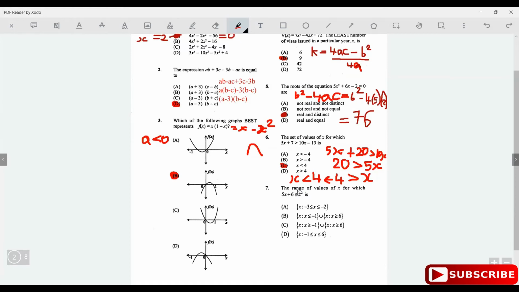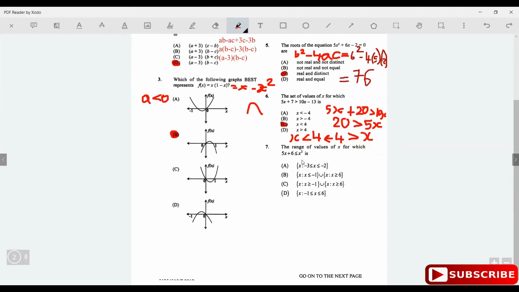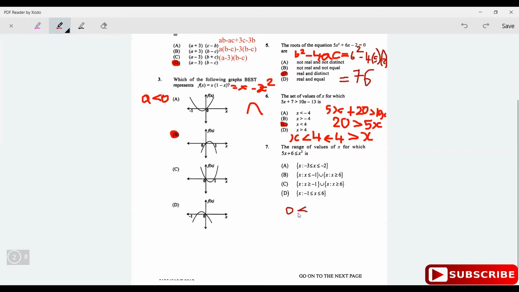All right, now this question says, find the range of values of x for which 5x plus 6 is less than or equal to x squared. So to do this, we're going to get a quadratic inequality. We can bring everything over to one side. So I'm going to subtract 5x and 6 to get 0 is less than or equal to x squared.